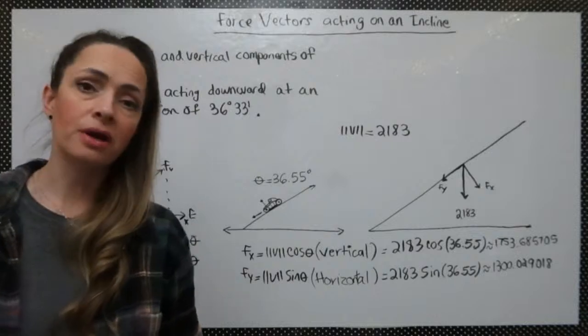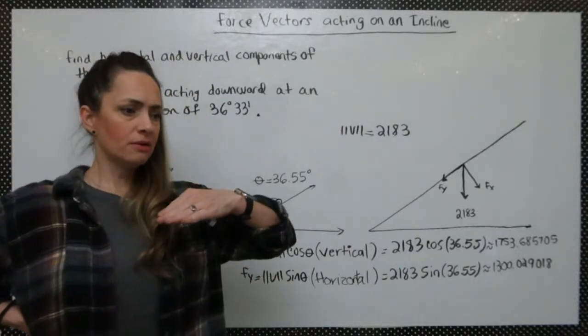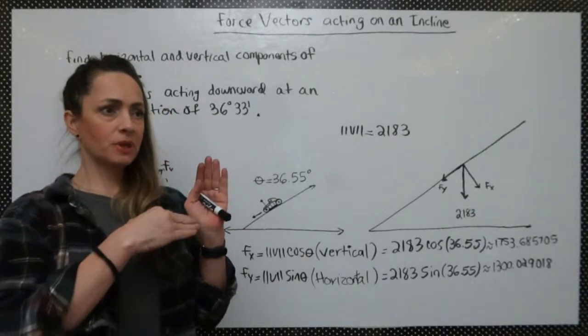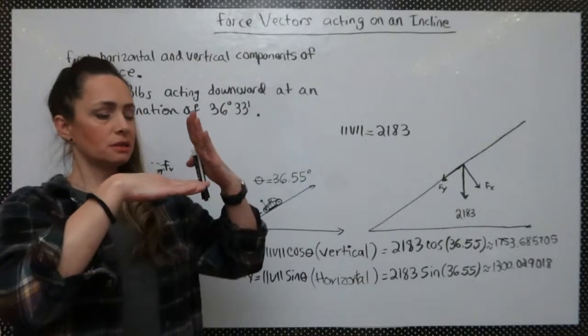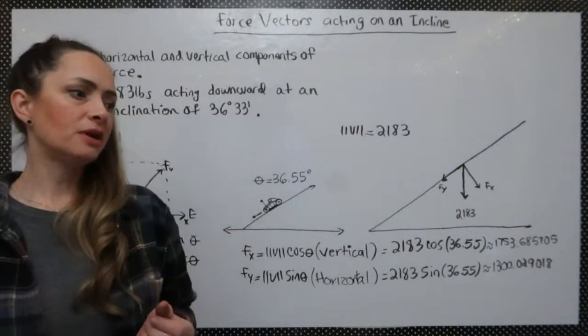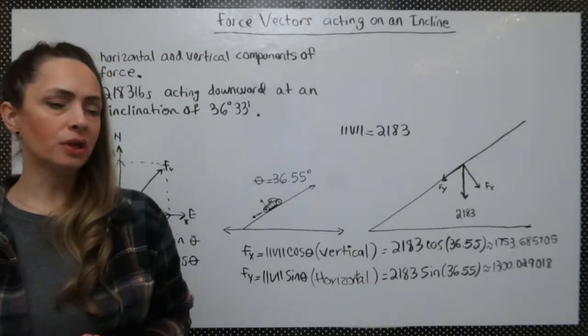There's the parallelogram method, and then there's the head-to-tail method, where you put the beginning of one vector at the tail of the other, and there's a way to find the resultant that way too, but you have to have really accurate sketches.